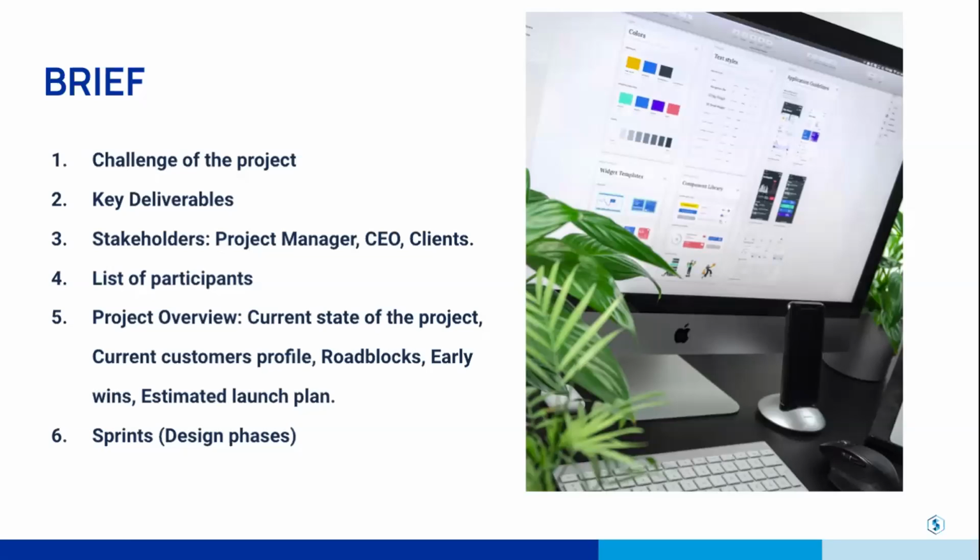The second one is the key deliverables. For example, what kind of deliverables we are going to give to the client. For example, if we are going to create a flow map or we are going to make a general analysis of existing screens.